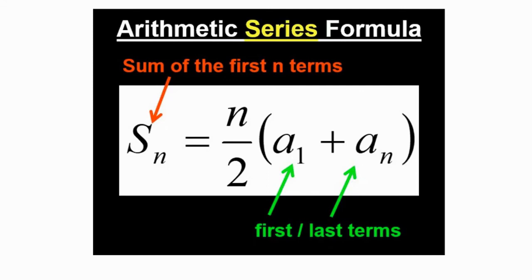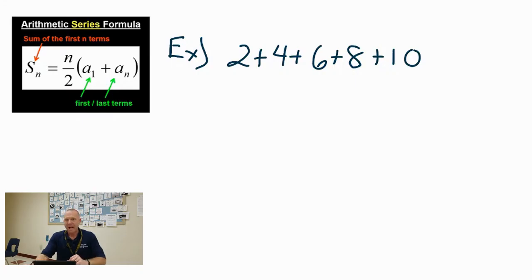Do you trust me? Do you think that it'll actually work? What if I want to add these first 5 even numbers? We already figured out in one of the previous slides that should come out to be 30. Pretty easy math. But what if we use our formula?